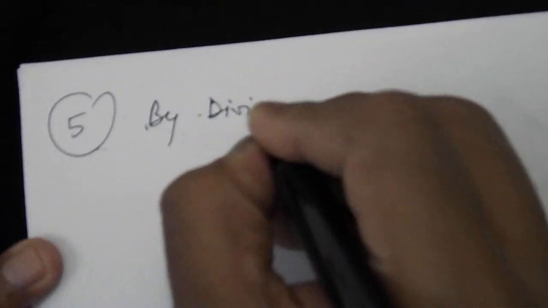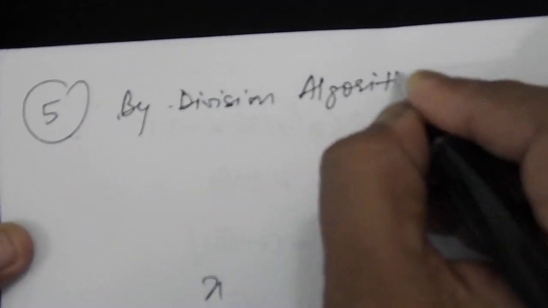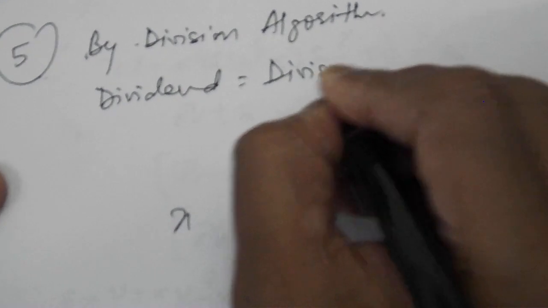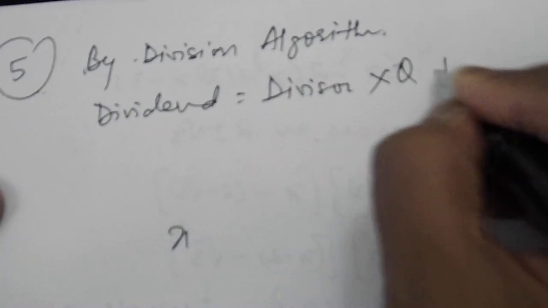So students, in this kind of question, we start like this. As we know, by division algorithm, dividend is equal to divisor into quotient plus remainder.